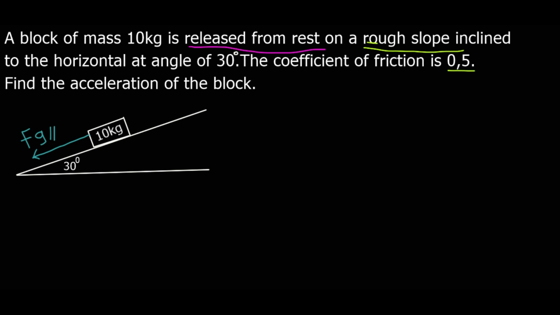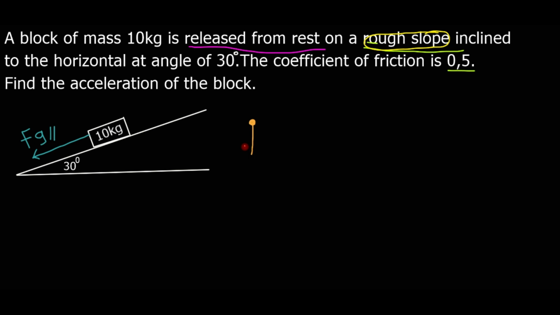And then it is on a rough slope. When they tell you it has a rough slope, it means there is a frictional force, but if they tell you it has a smooth slope, it means there is no frictional force. And again, because they gave the coefficient of friction, it means indeed we have a frictional force. So now we draw here a free body diagram first.